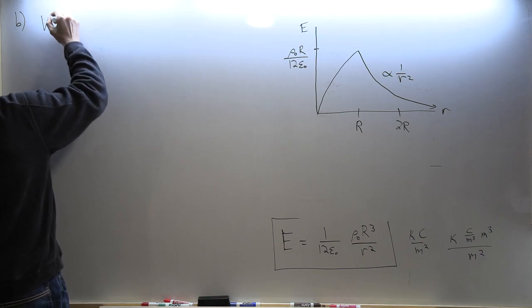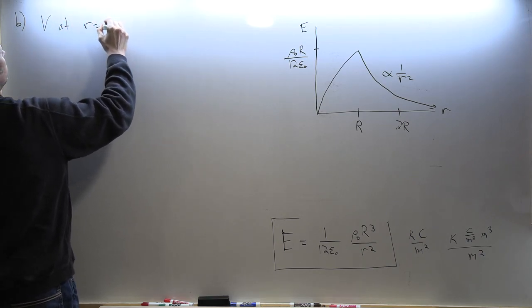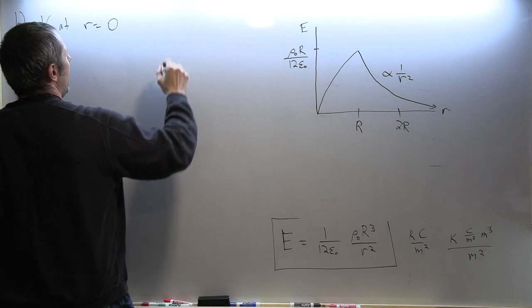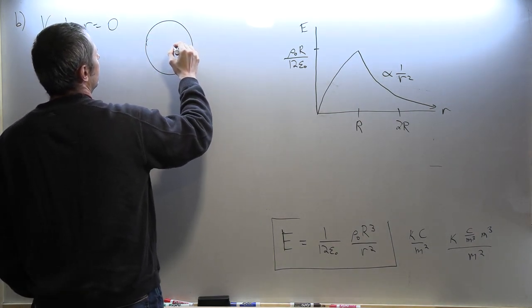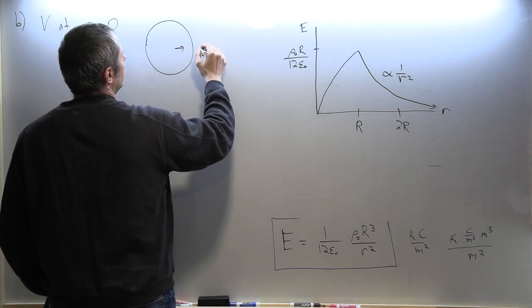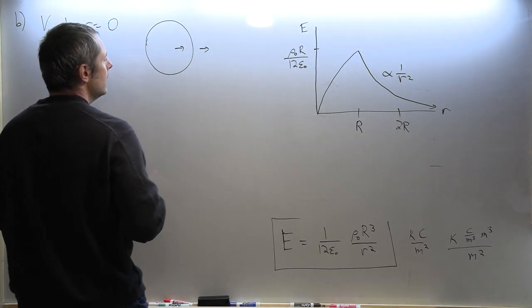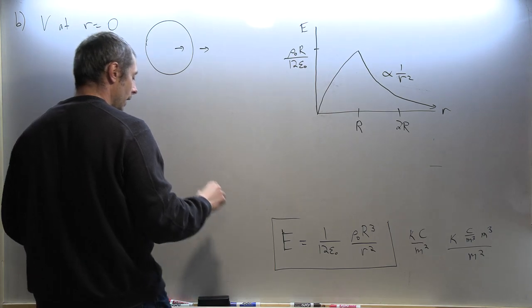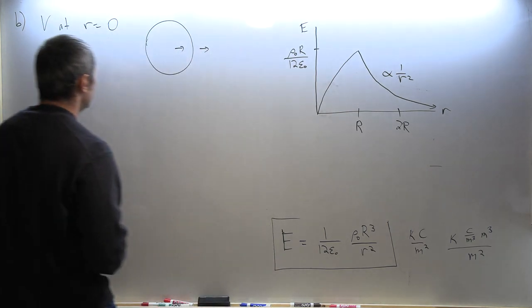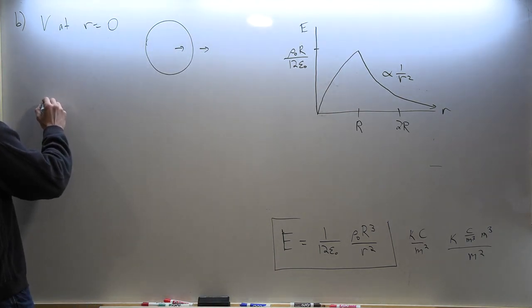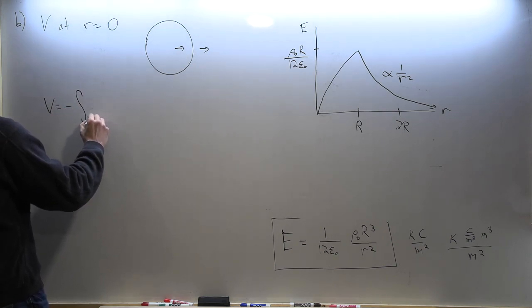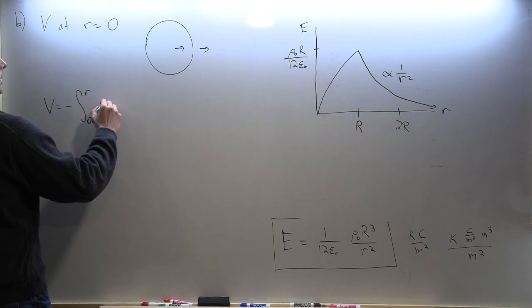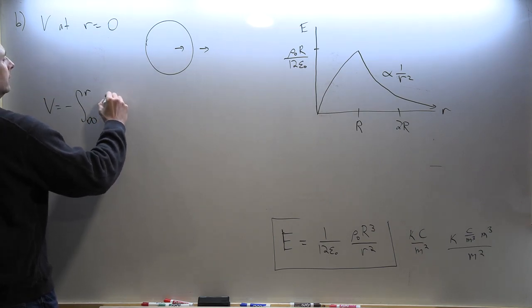So V at r equals 0. So what we have is a sphere like this, electric field in here, electric field out here, okay? So what I have to do to find the voltage is integrate the electric field from infinity to some point.